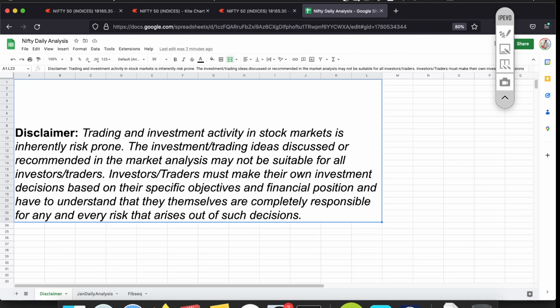In this analysis, I analyze Nifty's movements based on price action using trend lines and Fibonacci retracements and also RSI.